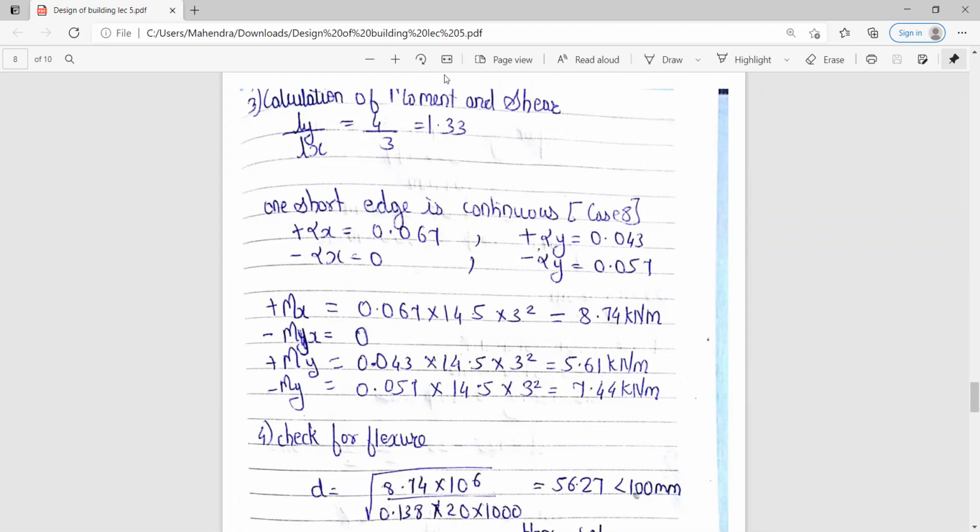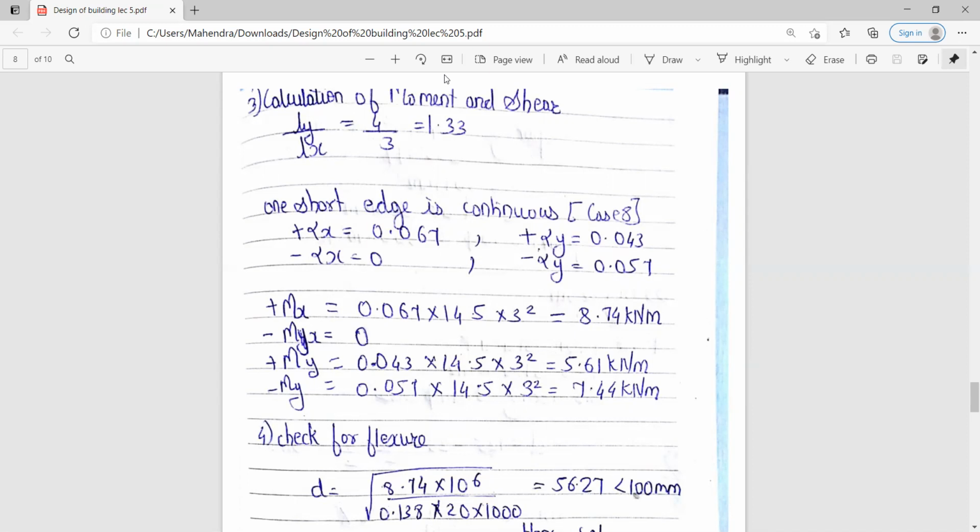In the question they have told you to draw the sectional elevation of the slab whose minus alpha x value will be 0, and also you have to draw the longitudinal and sectional view of the beam. So this is case number 8 from IS 456 2000.